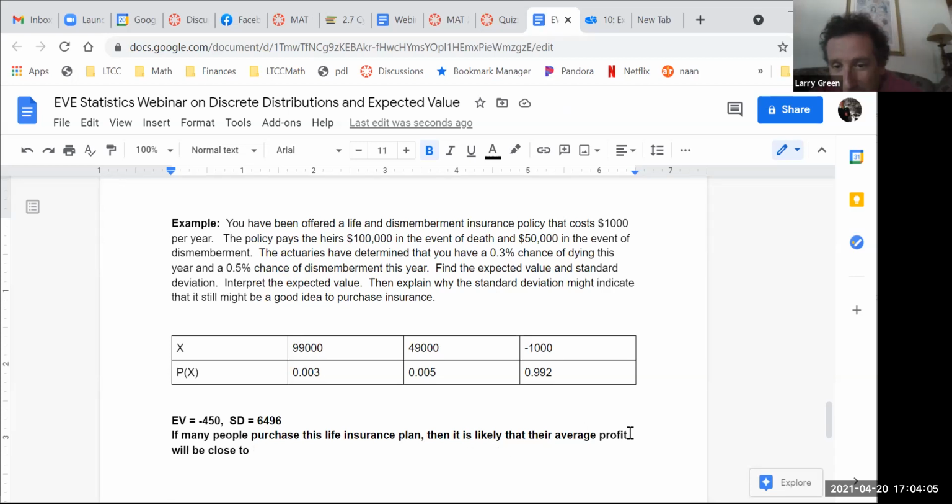So instead, you probably don't want to use profit, you probably want to use loss, because with negatives you don't usually say negative profit, you say you have a loss. It will be close to $450.